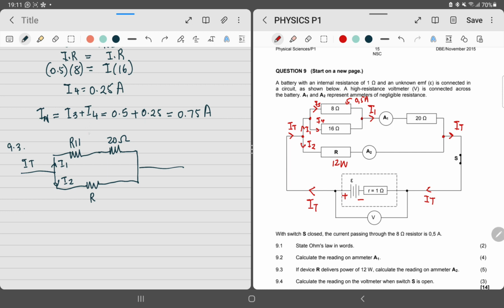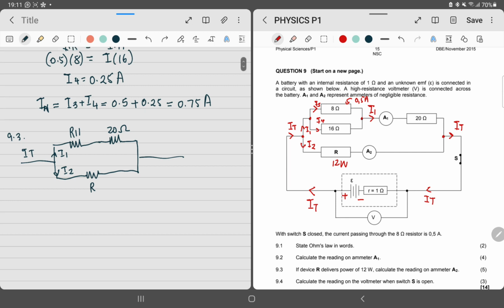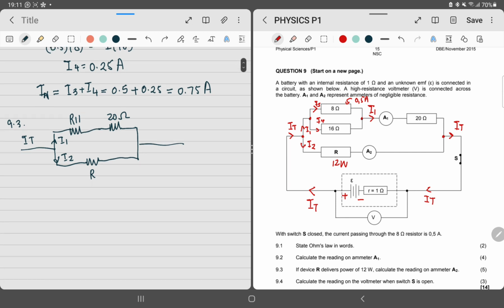So if we can find the voltage that is measured across the ends of that series combination, we will know the potential difference that's measured across R. So let's try and find it across there.